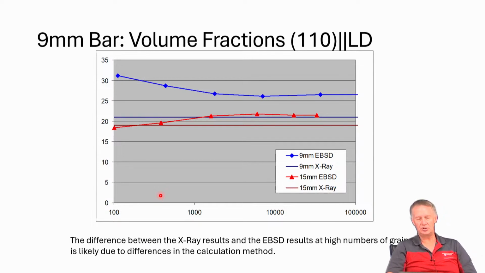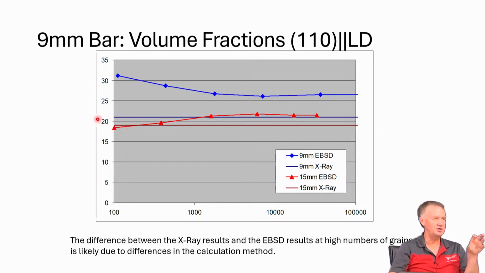Okay, so here's looking at what the data look like. So the 9 millimeter specimen, the one with the smaller grains, if we have the X-rays, we get up here where from the calculation we get, and this is as a function of number of grains that we're looking at. So in X-rays, we don't have a different number of grains, right? It's just looking at a 2 centimeter square region, something like that.